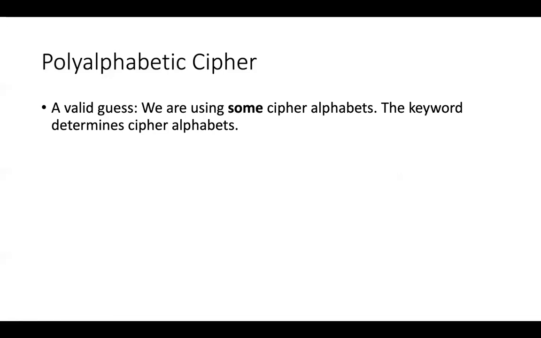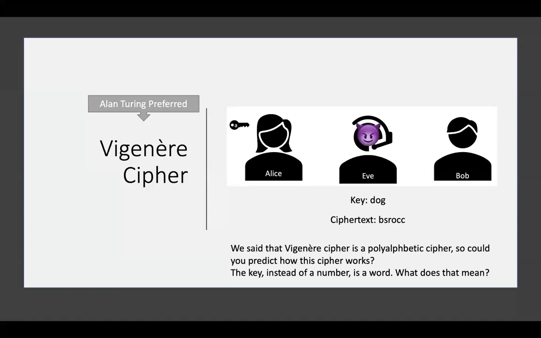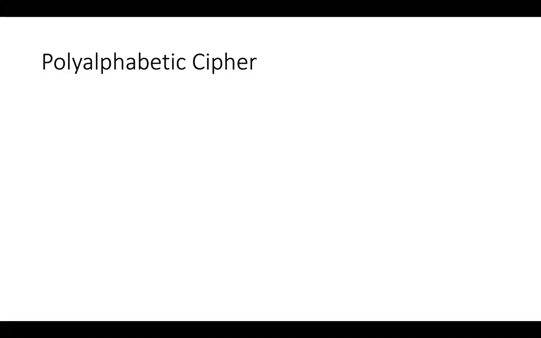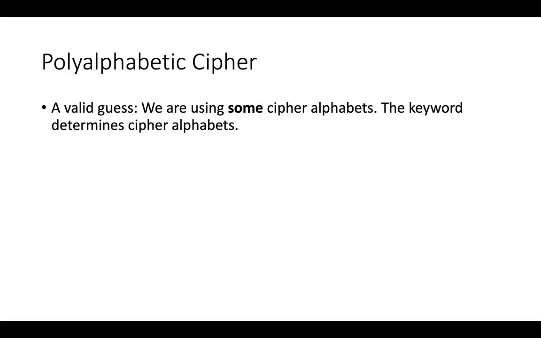So a valid guess would be that we're using some cipher alphabets to encode the plaintext, which is BSROCC, and the keyword helps us determine the cipher alphabets.